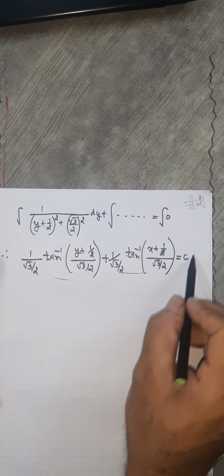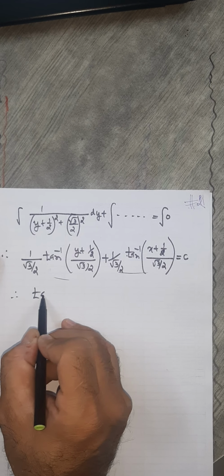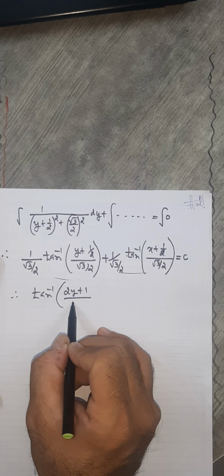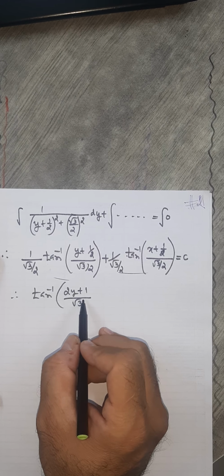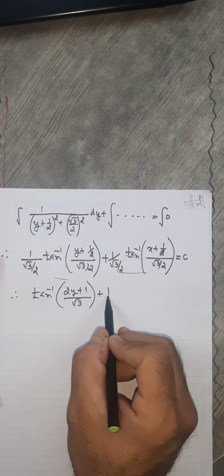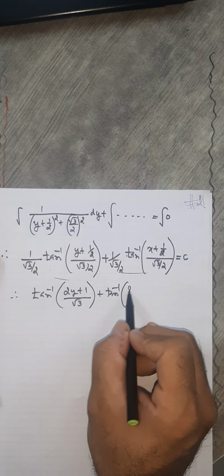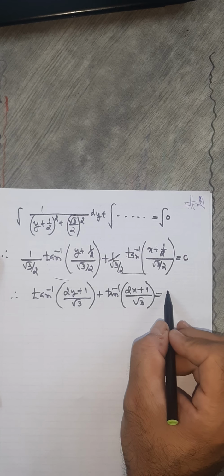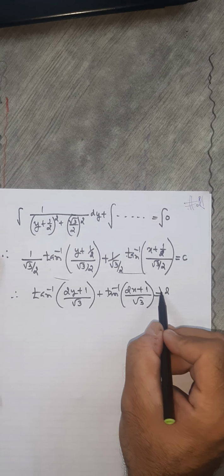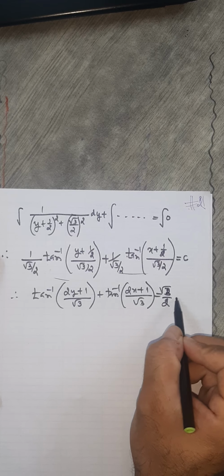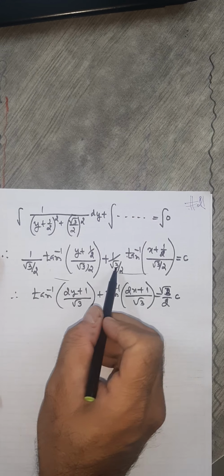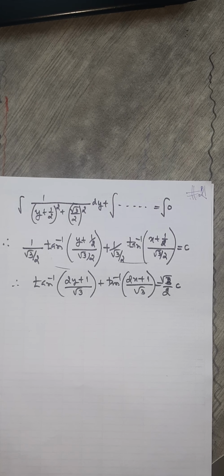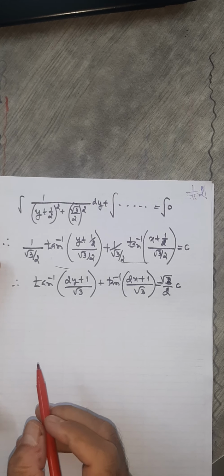Now this 2 expression you can take over there, constant. So tan inverse, this is 2y plus 1 upon root 3, 2 will get cancelled, plus tan inverse, this is 2x plus 1 upon root 3 equals to, this I suppose root 3 by 2 into c. This is a constant. This will take on the other side. If you want, you can leave it in this form, but you are asked to prove something, remember.